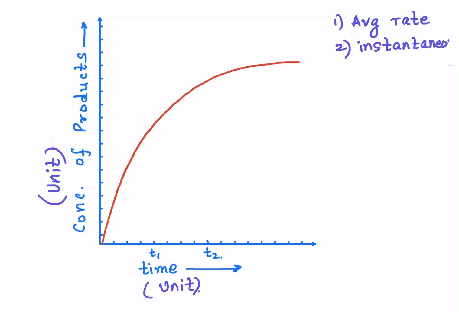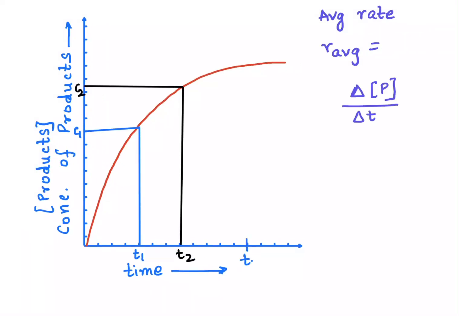So let's start with the average rate with regard to the concentration of products. How will you represent it? How will you determine it using this graph? Pause the video, give it a try and see. There we go. We draw the lines corresponding to the time interval T1, T2.